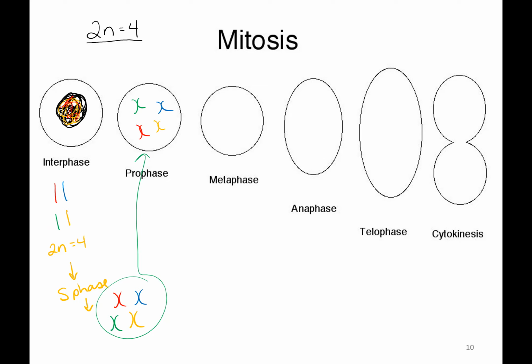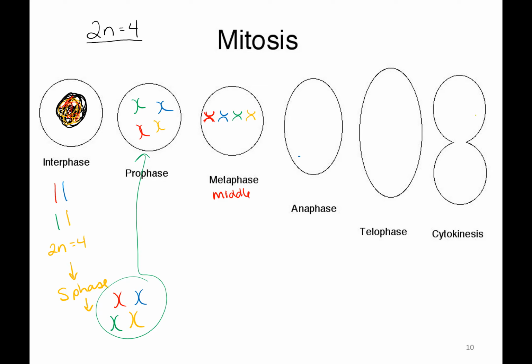Okay, metaphase, line up in the middle. So what I want you to do is line them up. You've got your red chromosome, your blue chromosome, your green chromosome, and your orange chromosome. You can line them up horizontally or vertically because this cell is splitting vertically.